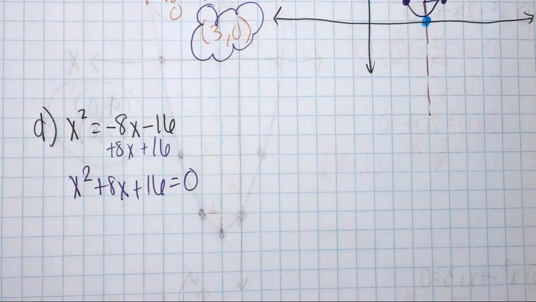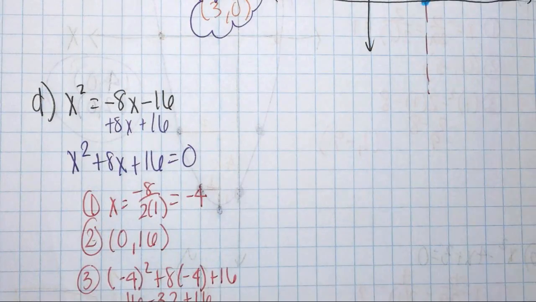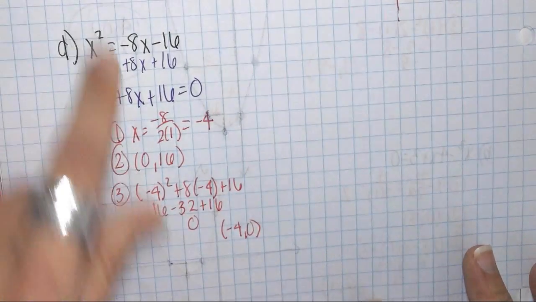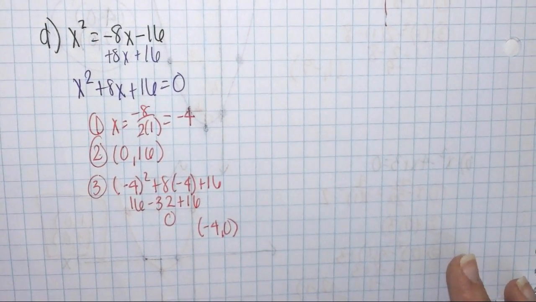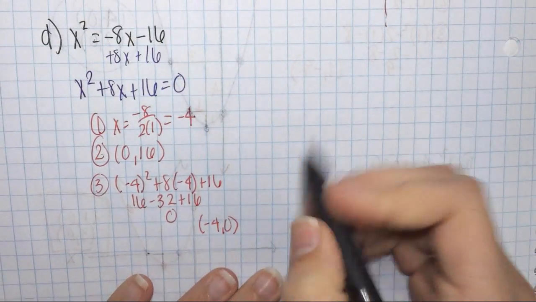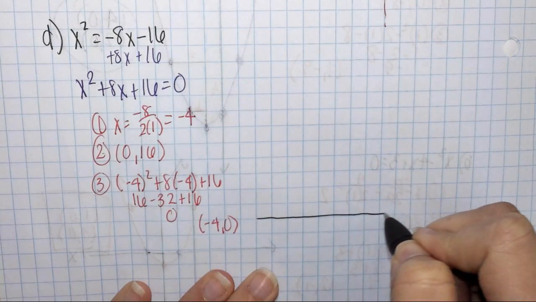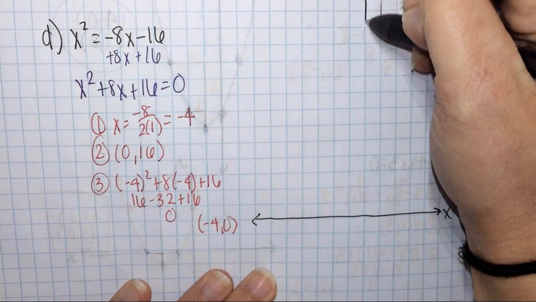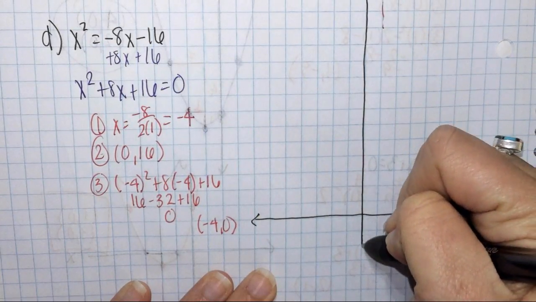All right, graph it without me. Super excited. All right, did you get these as your answer? Okay, on our graph. Got it. Are you sure?